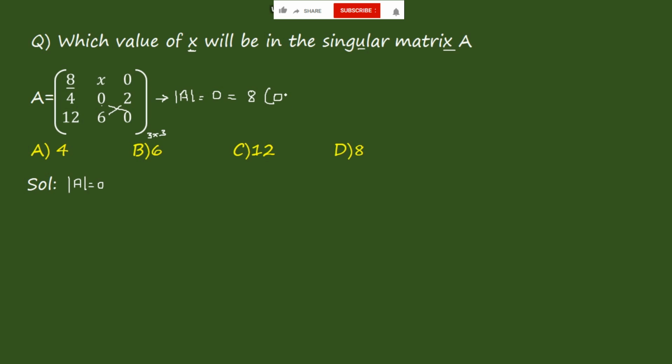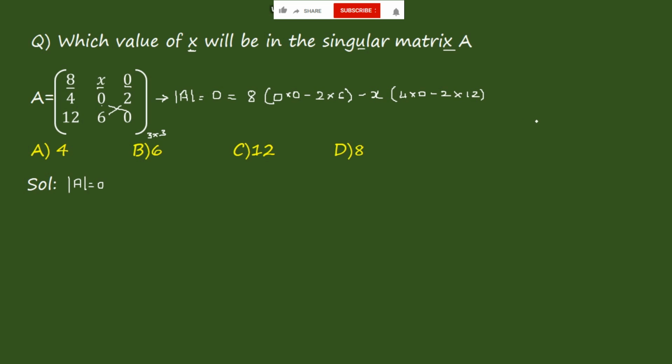So it becomes 0 into 0 minus 2 into 6. Consider the second term. It's x here, so it becomes minus x, and do not consider first row, second column. So it becomes 4 2, 12 0, again a 2 by 2 matrix. It becomes 4 into 0 minus 2 into 12.